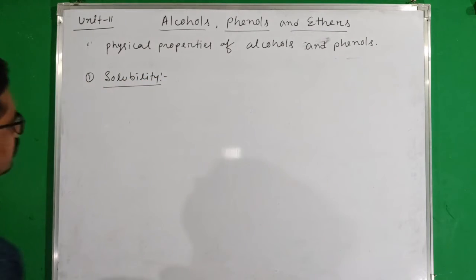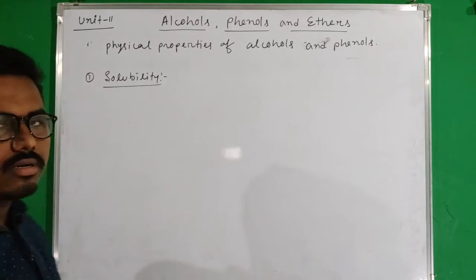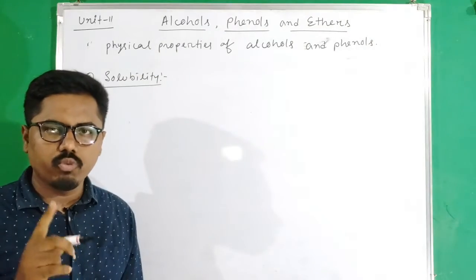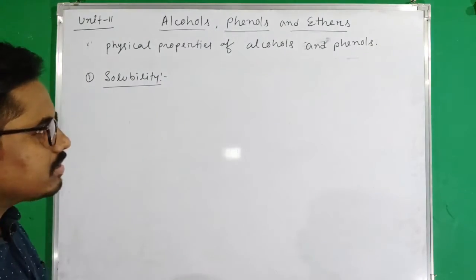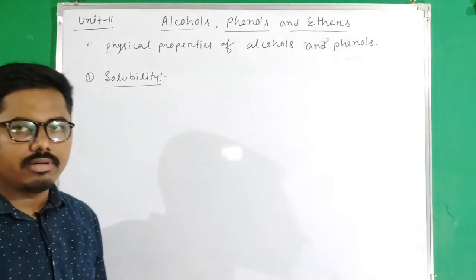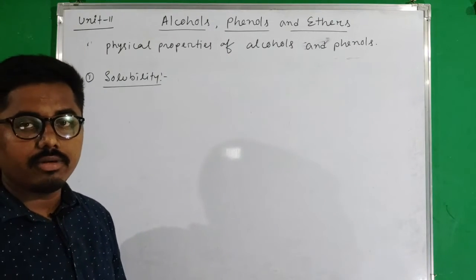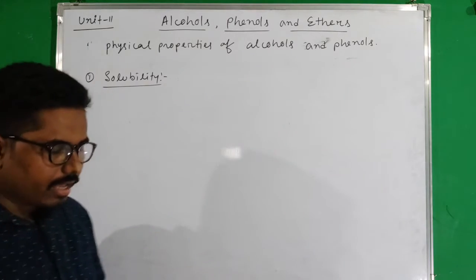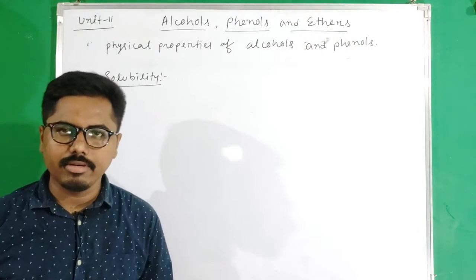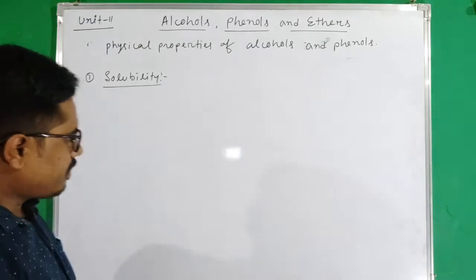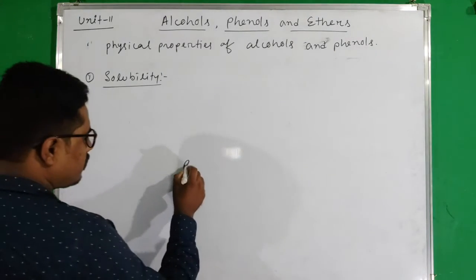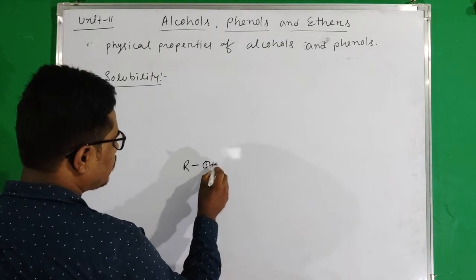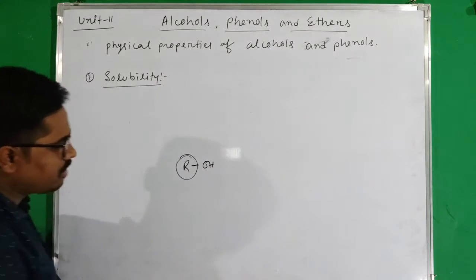And you have to remember that lower alcohols are always soluble in water because alcohols can form hydrogen bonding, intermolecular hydrogen bonding with water, okay. But higher alcohols are insoluble in water because in case of higher alcohols, the alkyl group is very large.